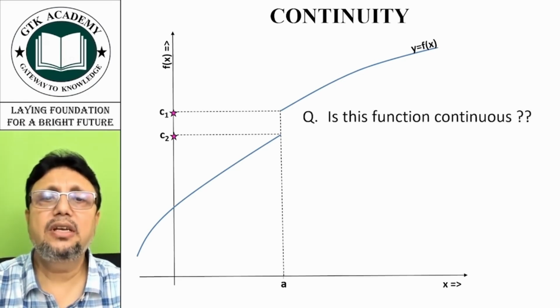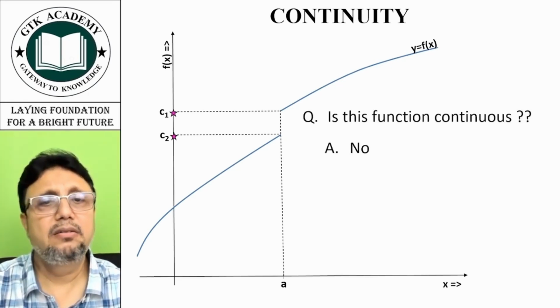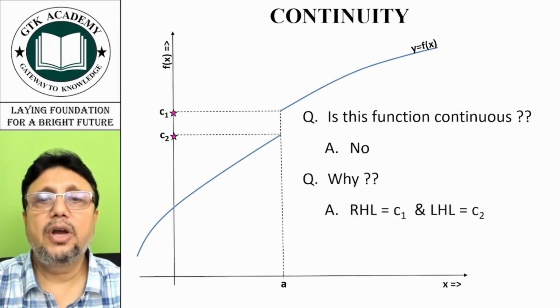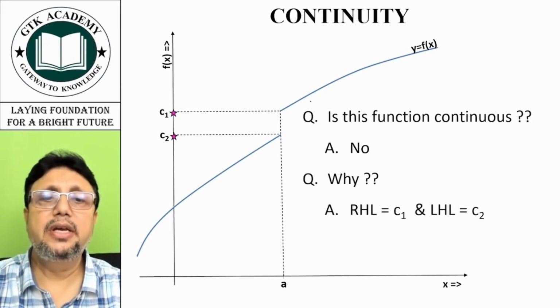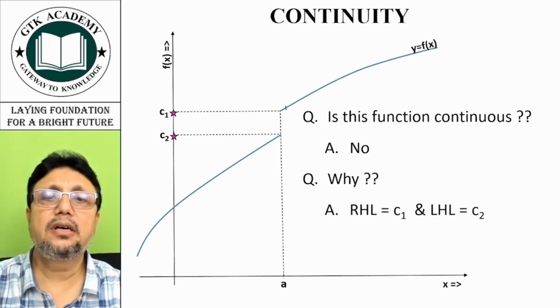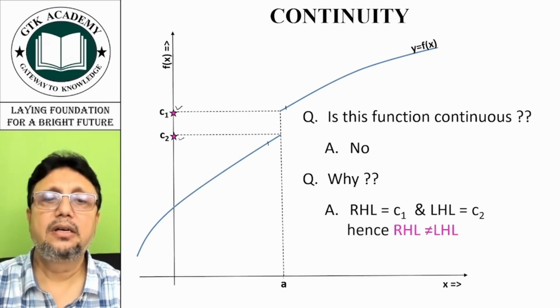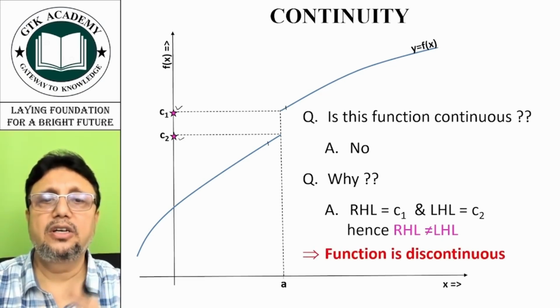If I ask the question, is this function continuous, everybody will reply no. Why? Because there is a jump. That means the right hand limit will be c1, and if you approach from the left, the limit will be c2. That means the right hand limit is not equal to the left hand limit. The function is discontinuous.